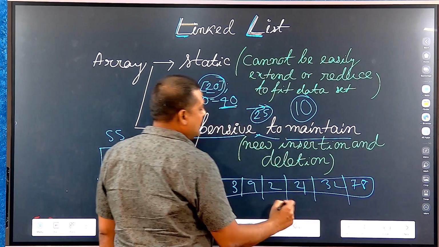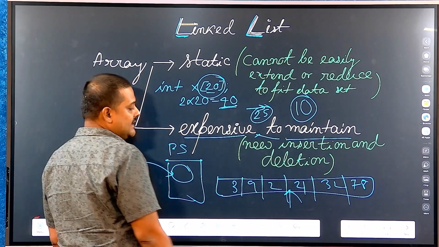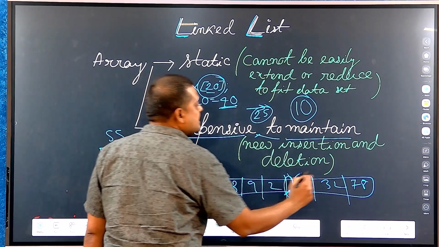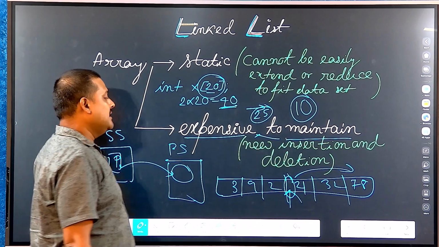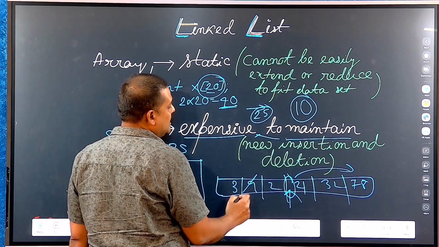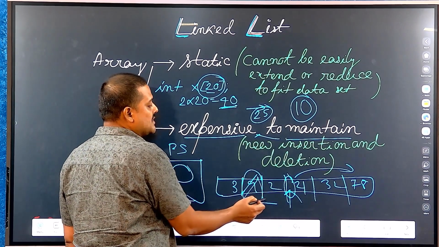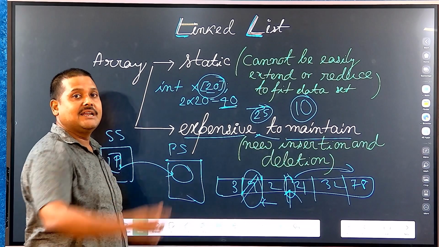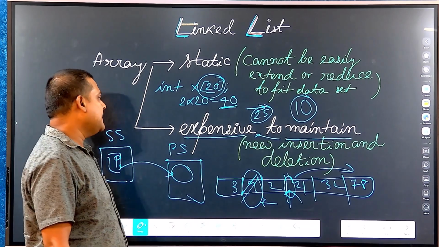If I want to insert an element at this particular place, then what do we need to do? We have to shift all those elements, and that is very expensive. In the same way, at the time of deletion, if I want to delete this particular element, this place will be blank, and we must shift all the right side elements into this place. So, that is very difficult.